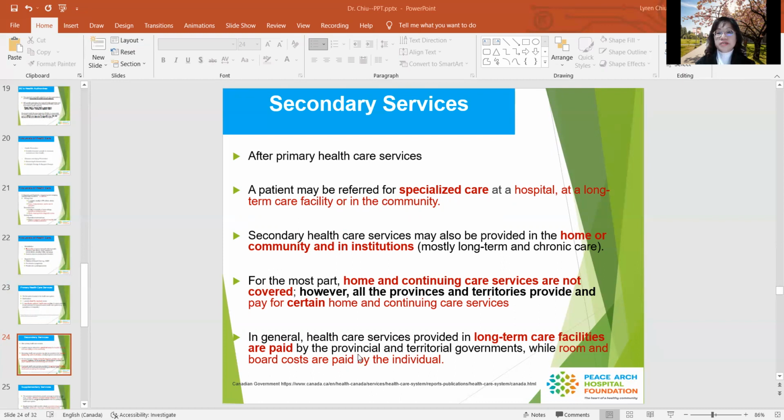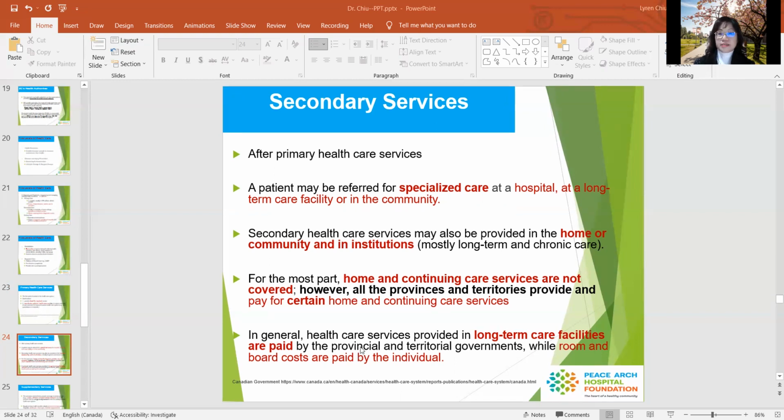However, all the provinces and territories provide and pay for certain home and continuing care services. In general, healthcare services provided in a long-term care facility are paid by the provincial or territorial government, while room and board costs are paid by individuals. So they don't pay everything in the long-term care facilities.